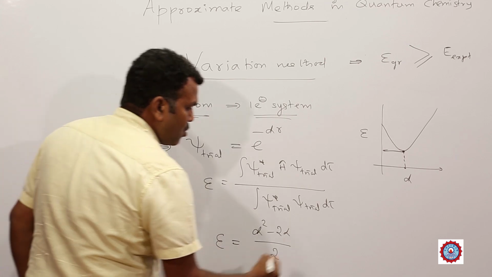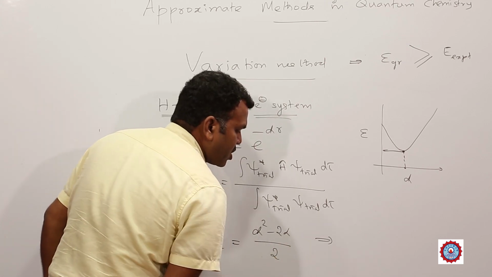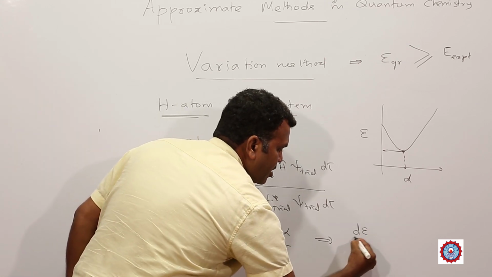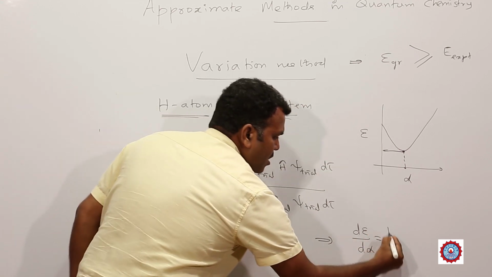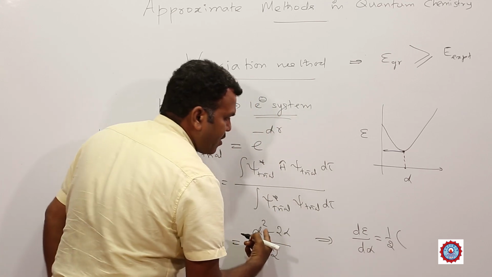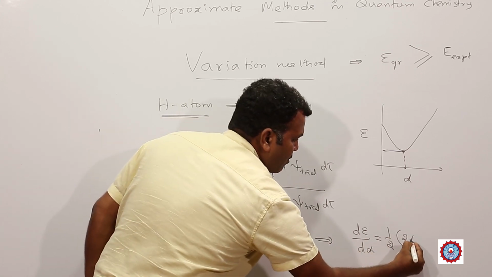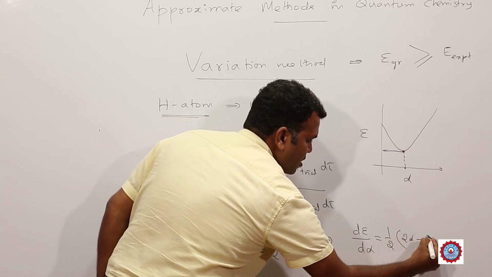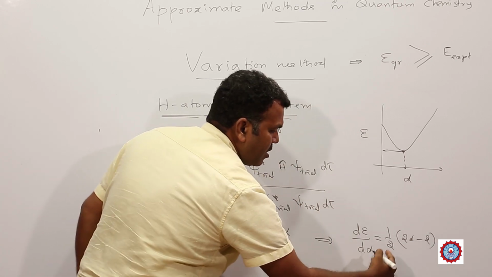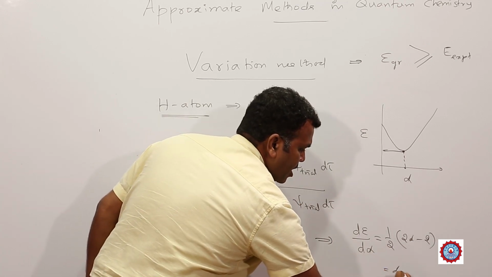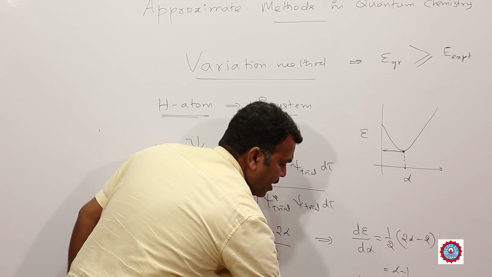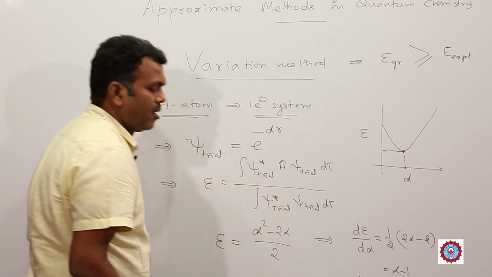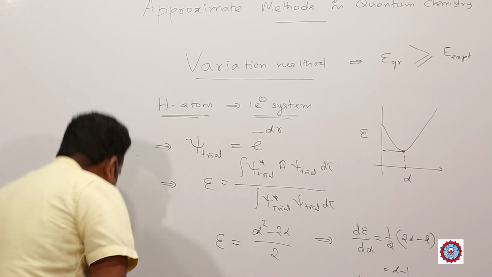So, for the minimization of energy, I am going to differentiate E with respect to alpha. Keep 1 by 2 as such. If you differentiate alpha square, you will get 2 alpha, and minus 2. Take 2 as common, and if you cancel, you will get alpha minus 1. Then, to get the minimum possible value, put dE by d alpha as 0.